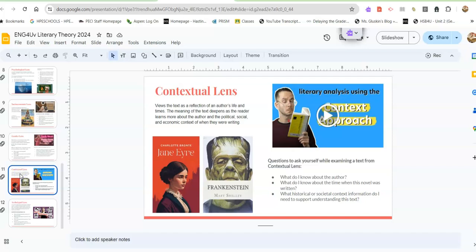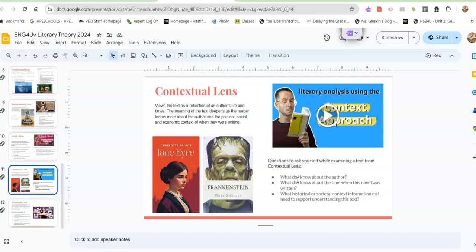These two won't necessarily be as represented within the content or within our activities, but they are important to identify and understand. So a contextual lens is simply understanding the context in which the story that you're reading was written.